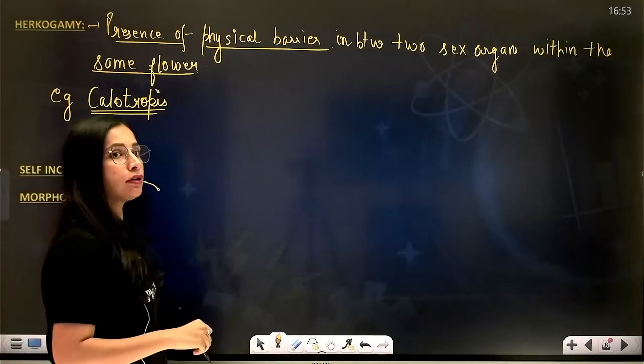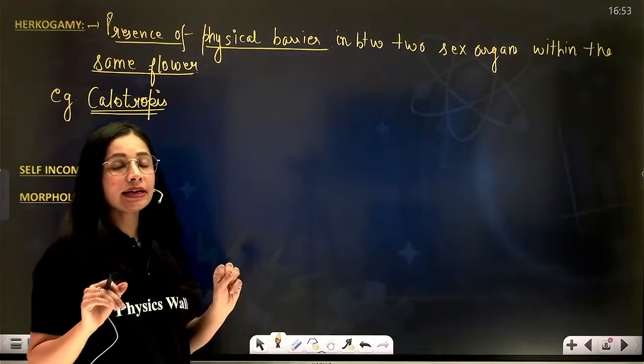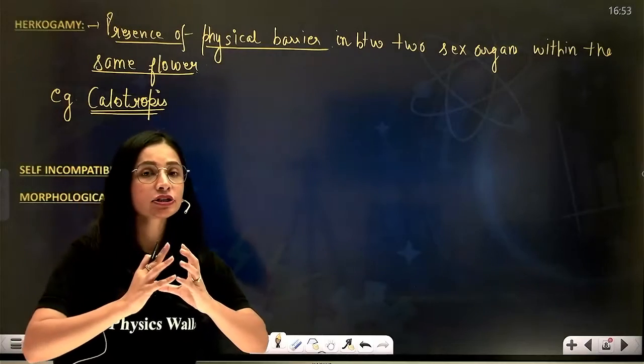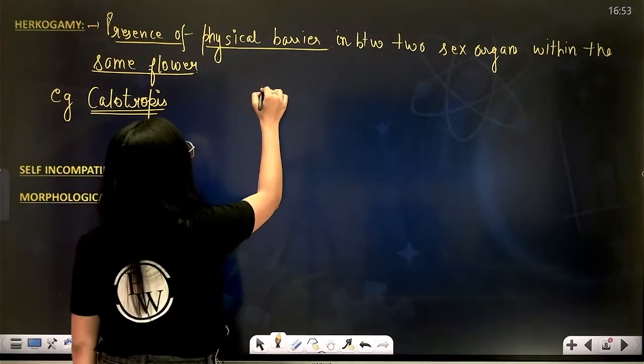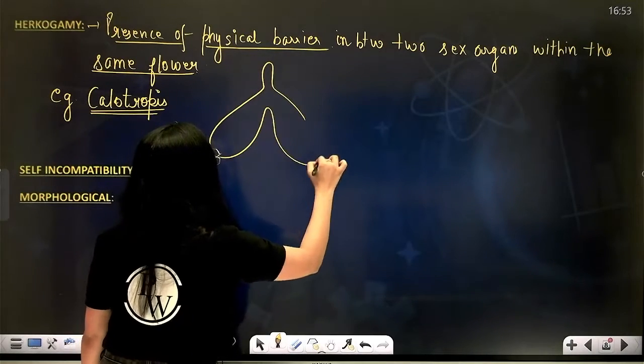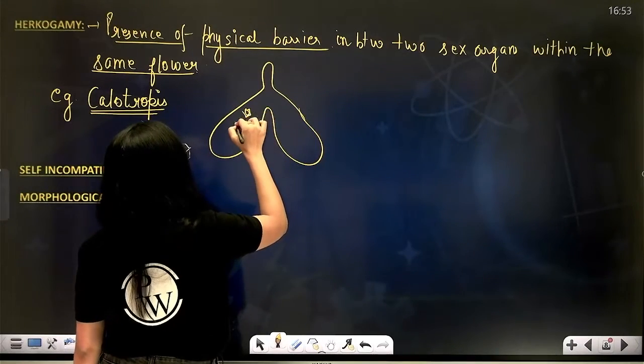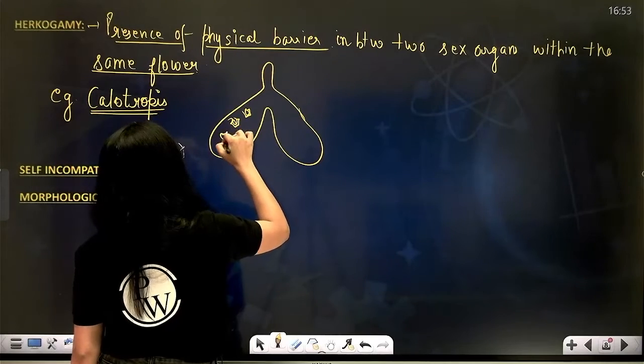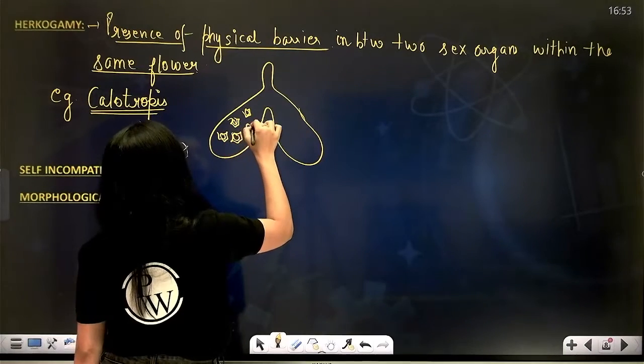Now, in calotropis, the pollen grains are borne in a sac-like structure called pollinium. So this is pollinium, inside which pollen grains are borne.